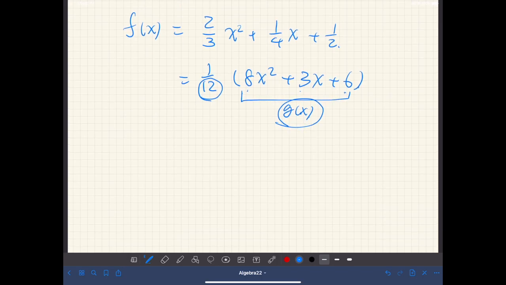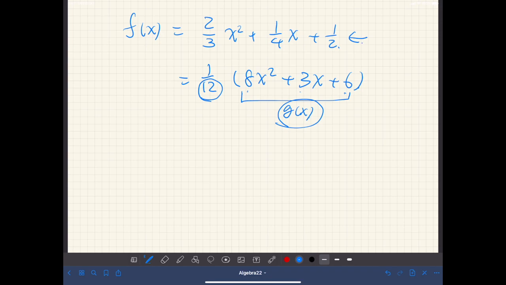So if we want to consider factorization of these polynomials over rational coefficients, it's sufficient to consider polynomials over integers.